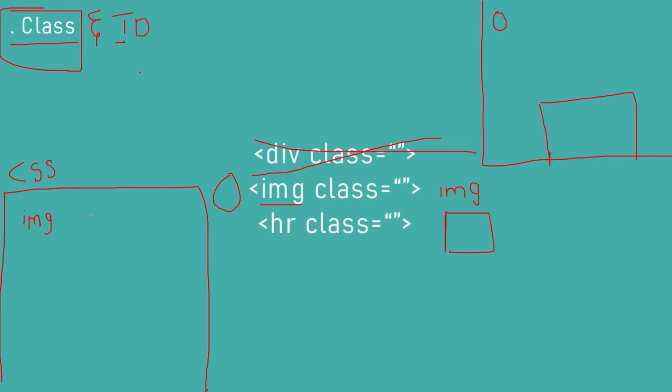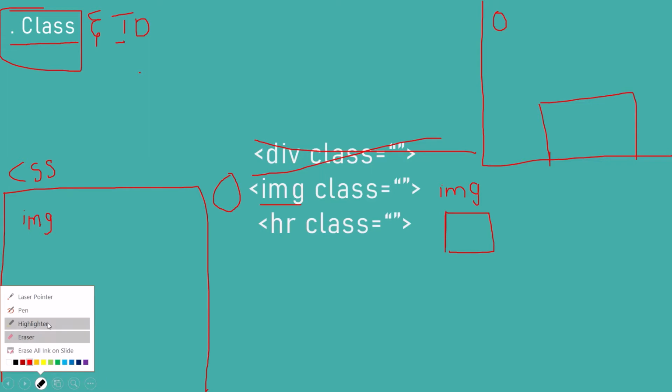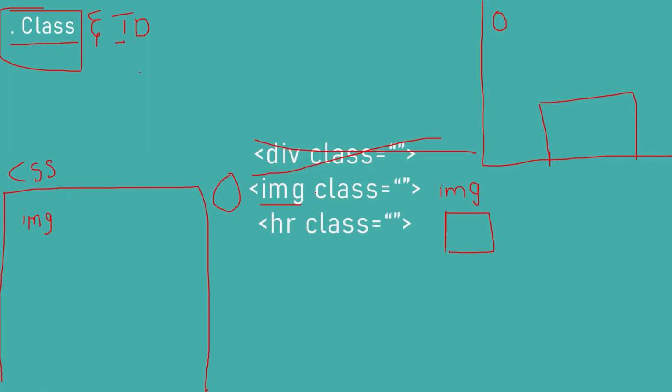and give it a padding of top, bottom, left and right, what this image follows, this one will follow the same. But I don't want to do that. I just want to mention different things for different images. For that, the class attribute is very essential.